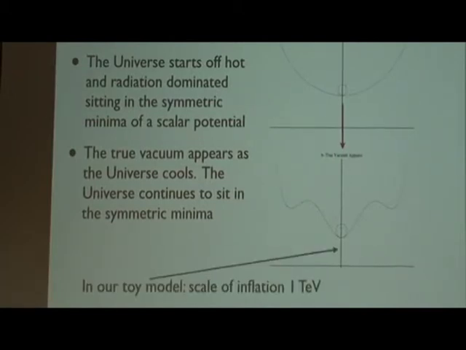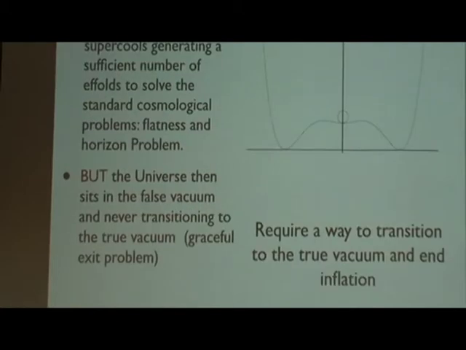In our toy model, we set this at 1 TeV. The universe then supercools, generating a sufficient number of e-folds to solve the standard cosmological problems, the flatness and horizon problems. But the universe then sits in the false vacuum and never transitions. And this goes back to the graceful exit problem, the initial problem that Guth and Weinberg had shown.